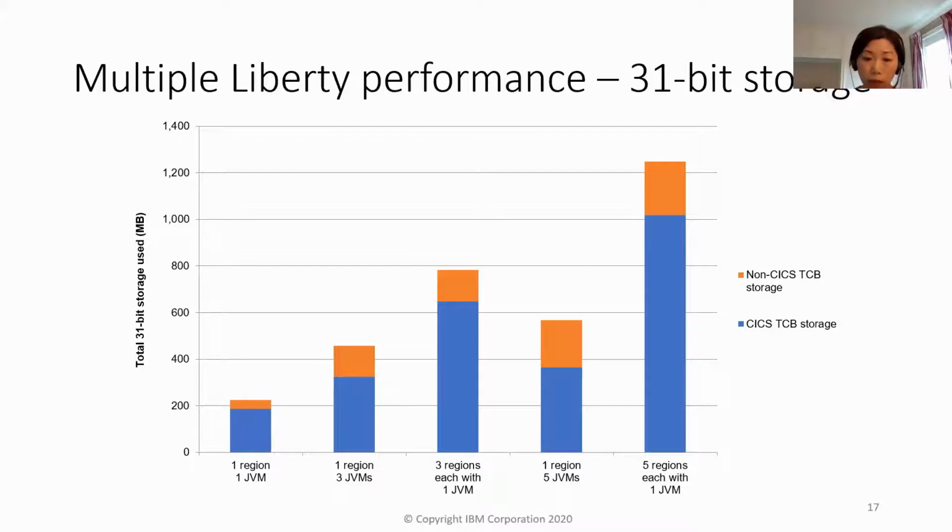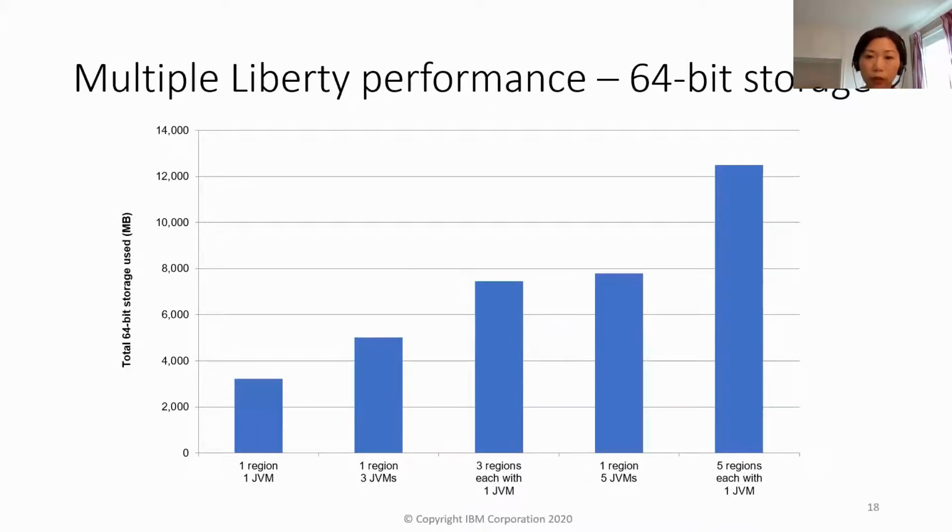The CICS TCB storage usage is dependent on how many threads in each JVM you configure. And the non-CICS TCB storage is because each JVM has its own separate runtime data to store. So that's why they have slightly higher usage than the one JVM in one region scenario.